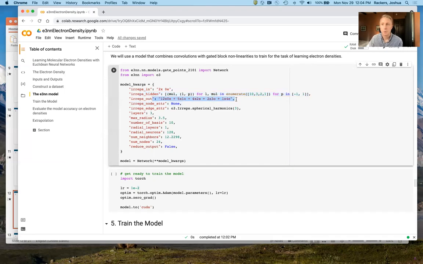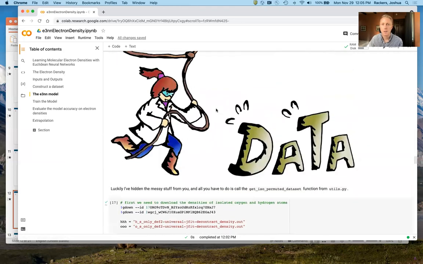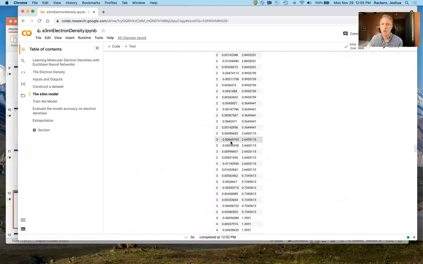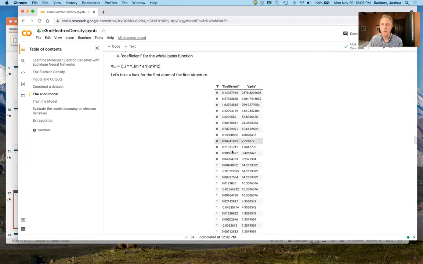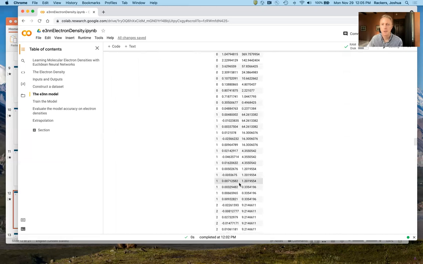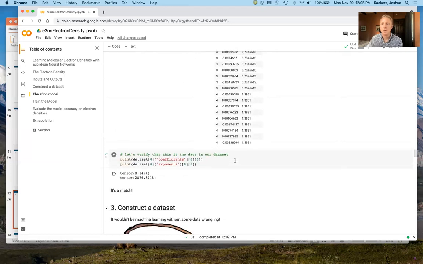This is super important. So this is really at the core of why e3nn is uniquely suited for this task. So if you remember, our outputs are these coefficients, but each of these coefficients is associated with a given L, right? For instance, there are 12 L equals 0 coefficients, and I can't remember how many L equals 1 or L equals 2, but you get the point.